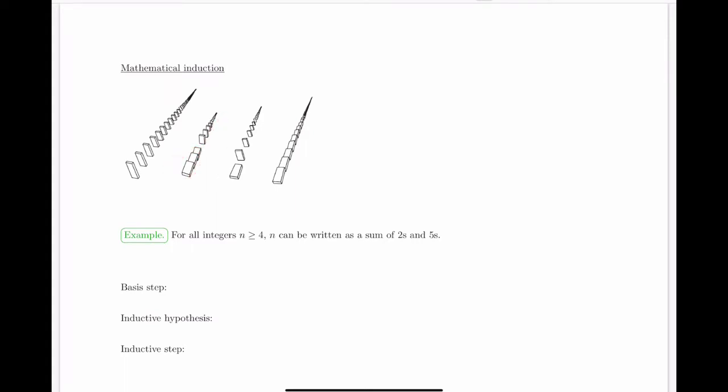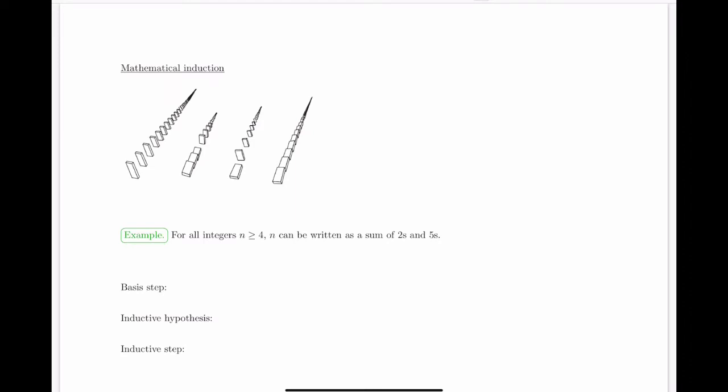So it must be true that for any two dominoes, if the first one falls, the next one will fall as well. So that's one. And the second one is this exact same condition must be true for the first one. We should be able to tip the first domino in order to have the rest of them fall down. If this first domino is somehow against a wall or something like that, and we are not able to tip it, then the chain reaction will never be able to take place.